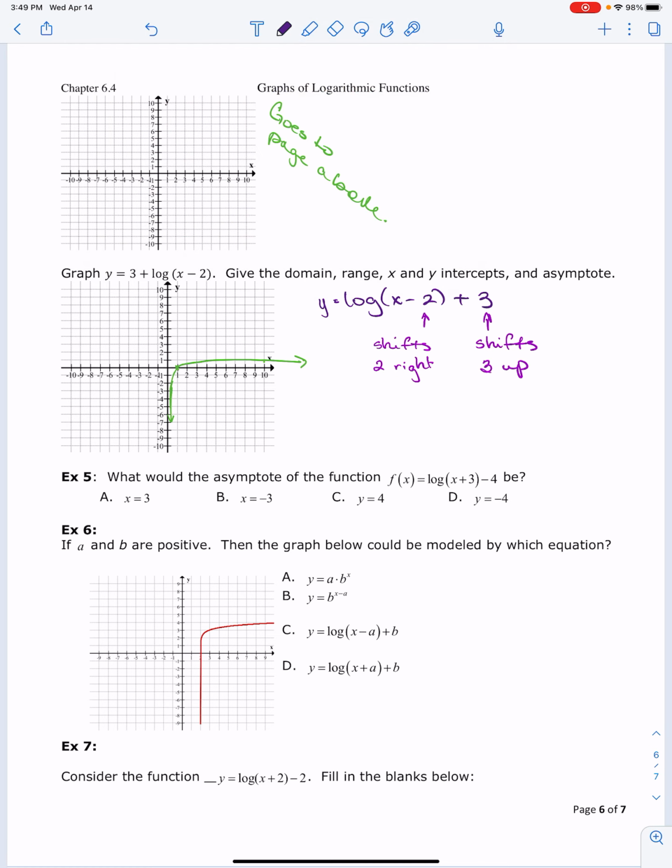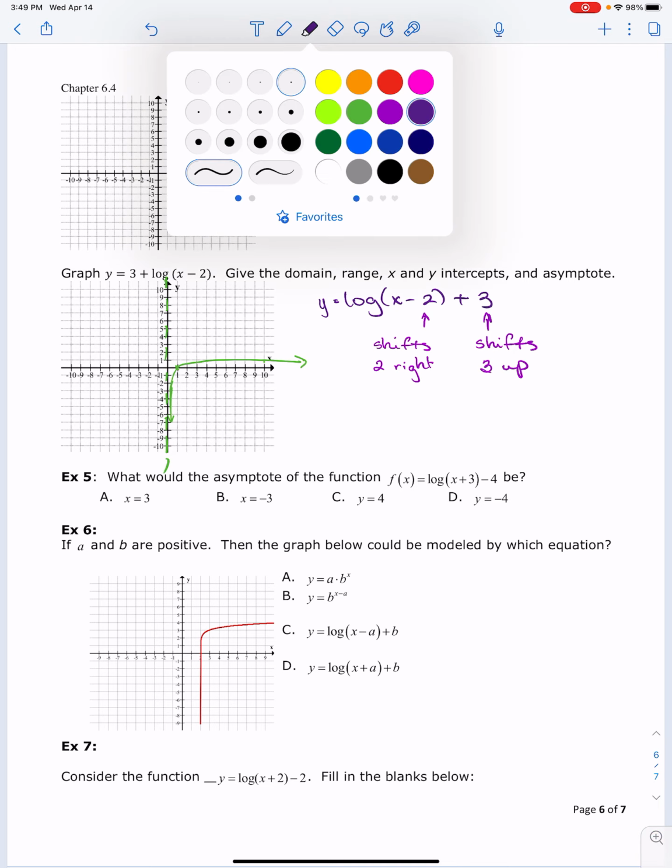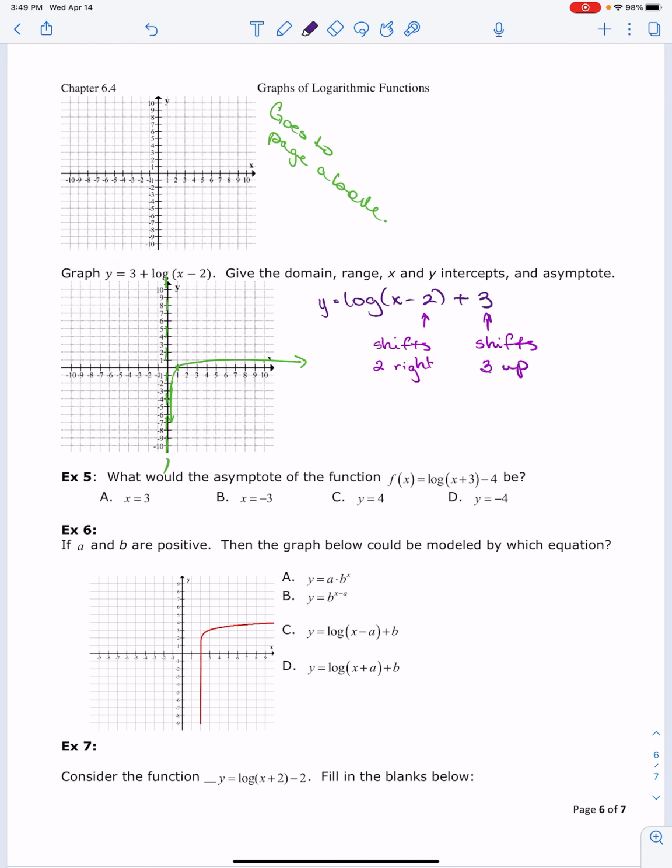So I'm going to start by moving the asymptote. So let me draw that in here for our original logarithmic function, our common log function. There is my asymptote. And so if my whole graph gets shifted 2 to the right, that means my asymptote gets shifted 2 to the right.